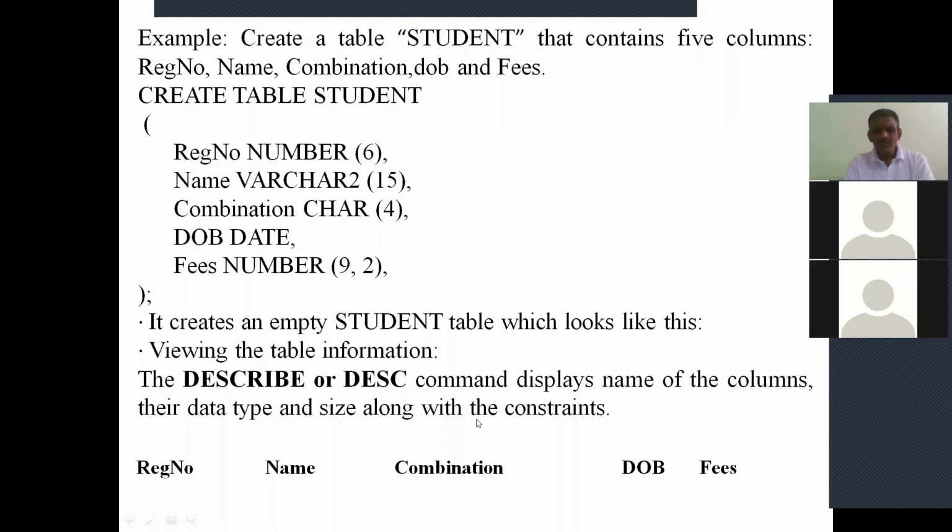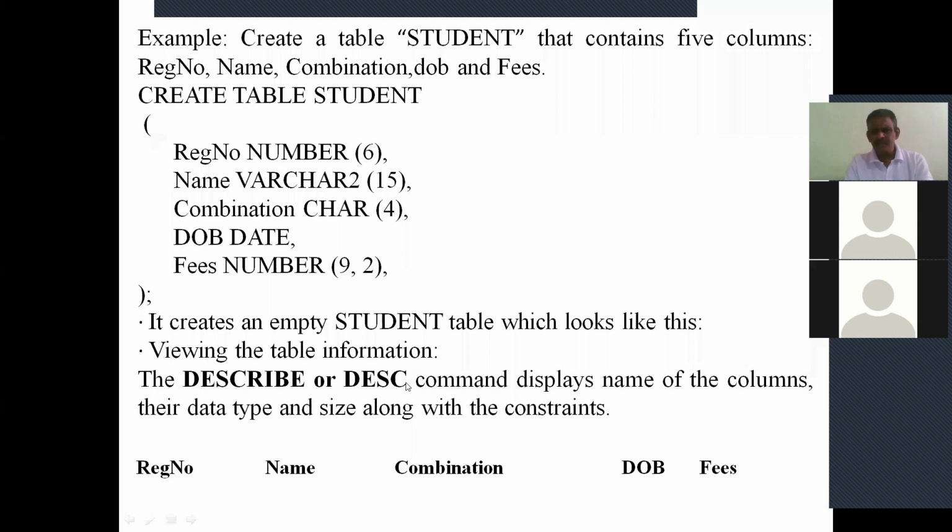Then, if you want to see whether it is generated like this or not, right? If you want to view this, then you have to use one more command called describe command to see the structure of the table. Then you can see this. The describe, in short, normally we will type DESC, stands for describe, right? DESC is the keyword.